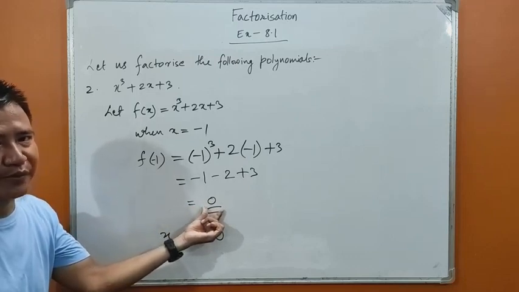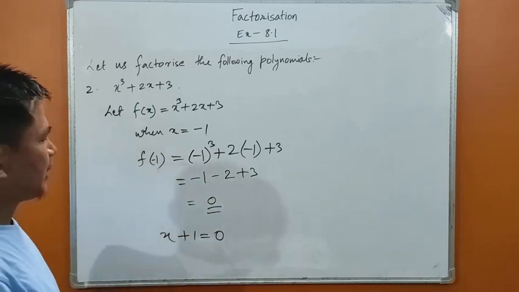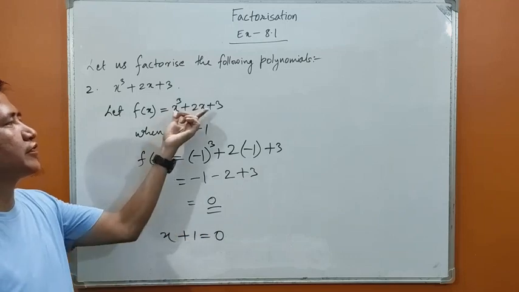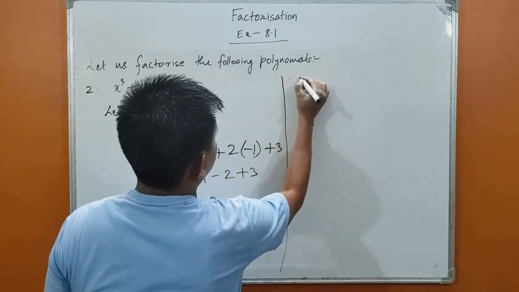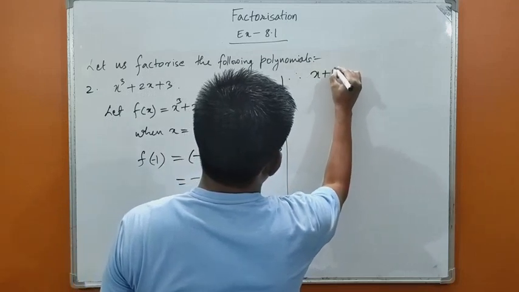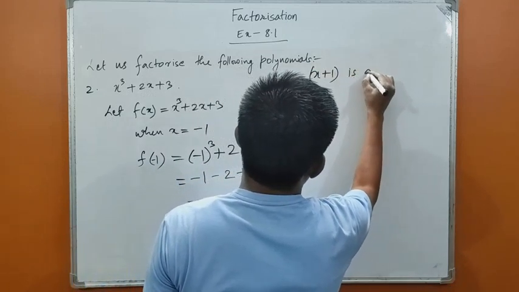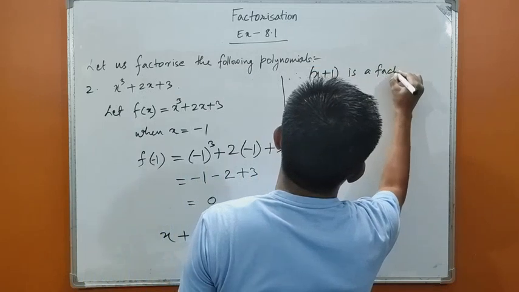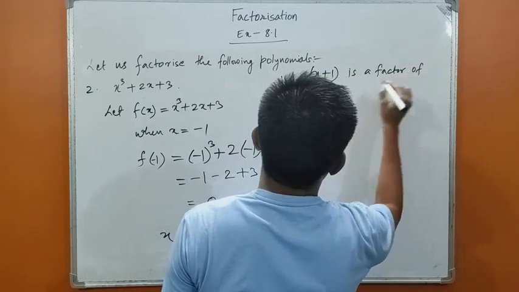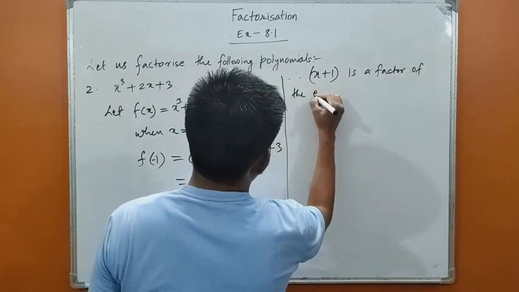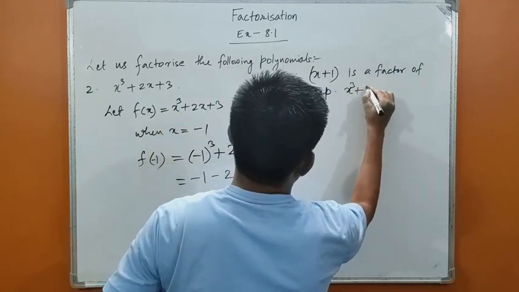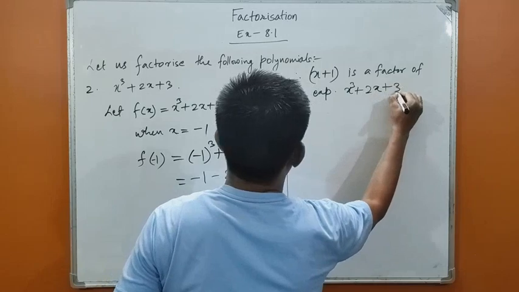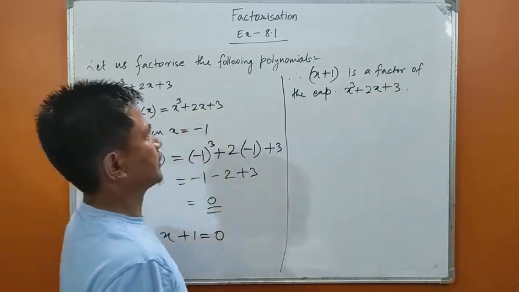Otherwise the remainder wouldn't have been 0. So therefore x plus 1 is a factor of the expression x cube plus 2x plus 3.